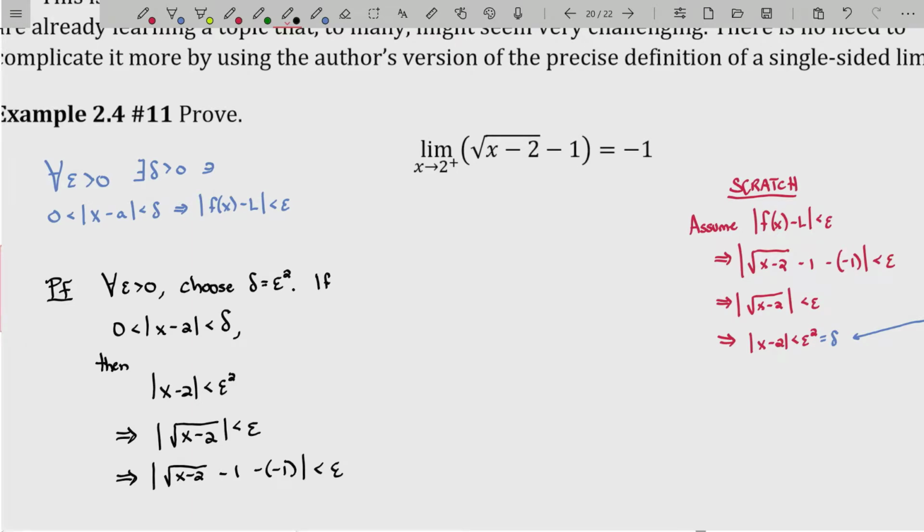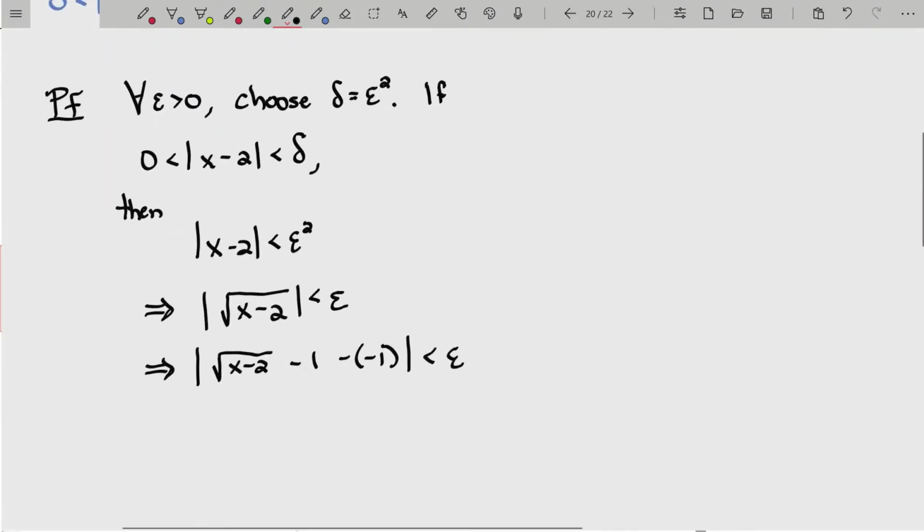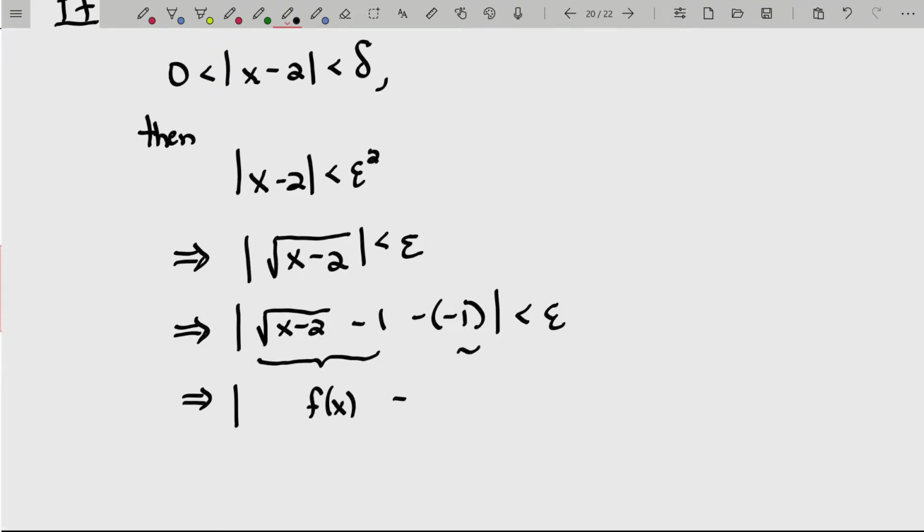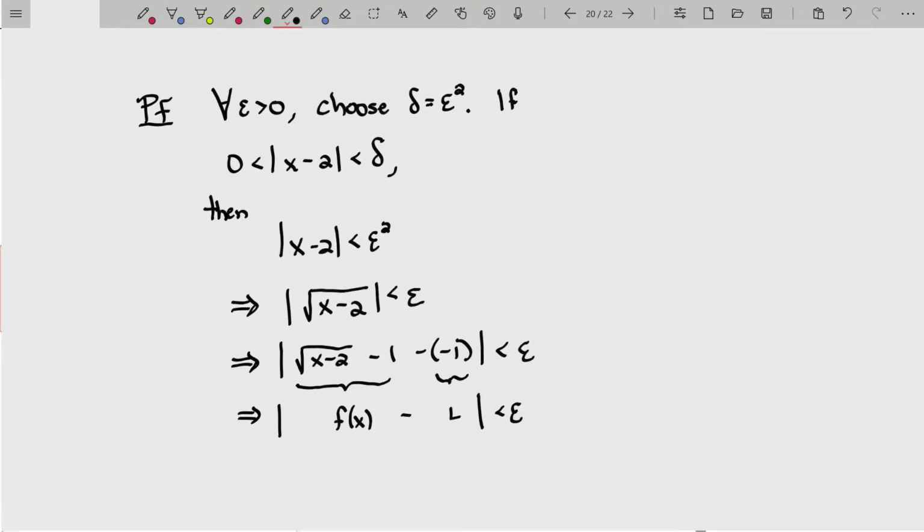And then somebody says, well, what does that mean? And I say, well, you know what that means? This piece right here is my function, and this piece right here is my limit L. So given any epsilon, ladies and gentlemen of the jury, if somebody hands me an epsilon, I don't care what it is, I am going to choose my delta neighborhood to be of radius your epsilon squared.